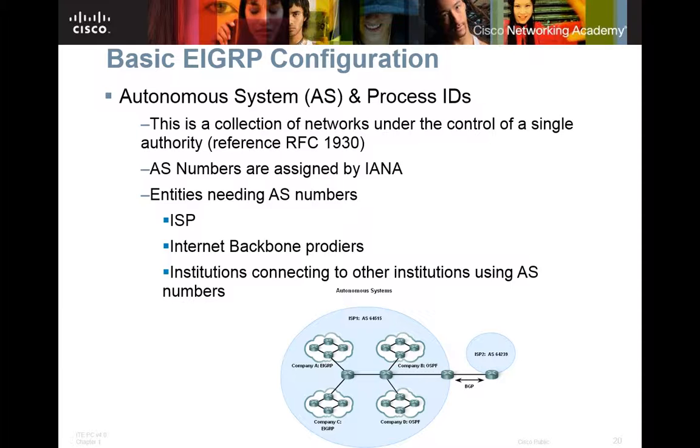It really doesn't matter other than saying, here's what my autonomous system number is for this network. Your autonomous system numbers are assigned by the IANA. They're mainly for your backbone providers and institutions that need AS numbers. Why does it go by the IANA? Because you can't have two of the same autonomous system numbers.